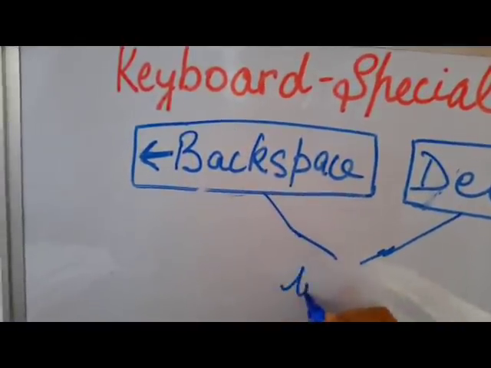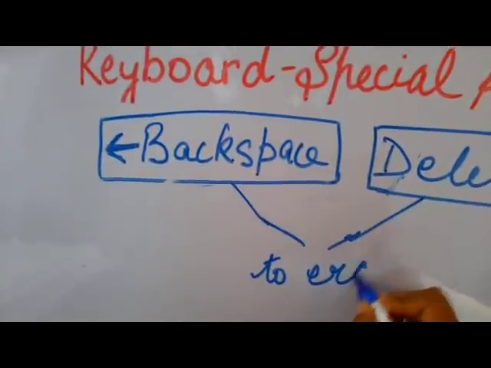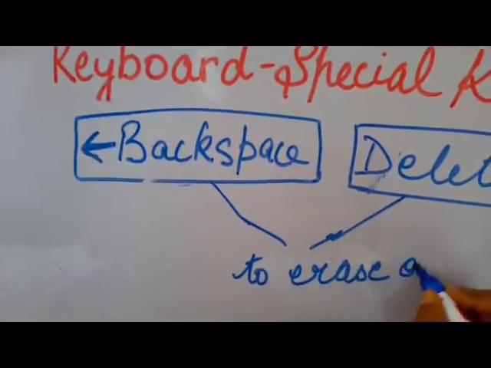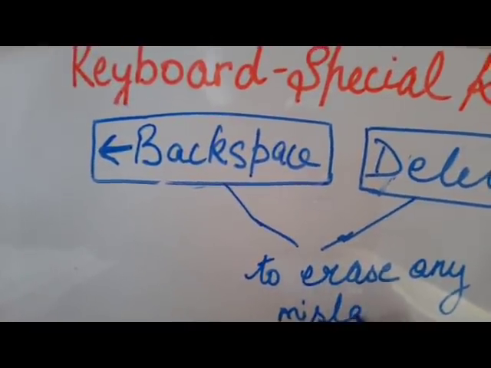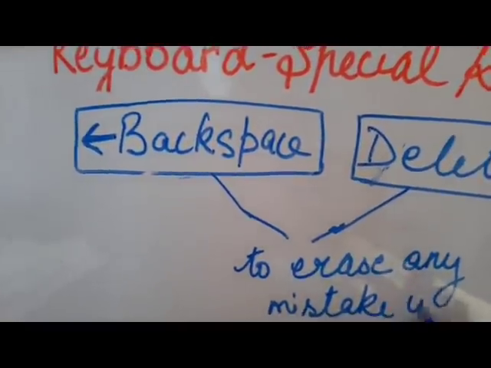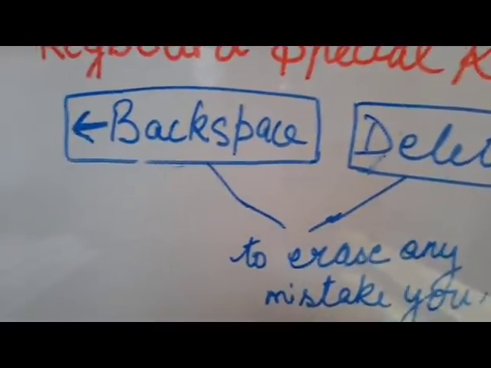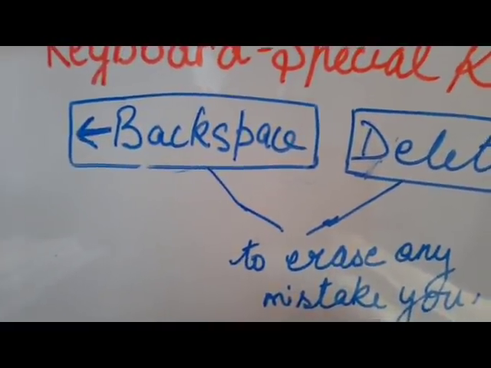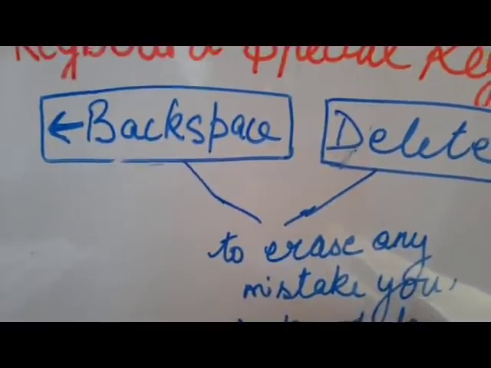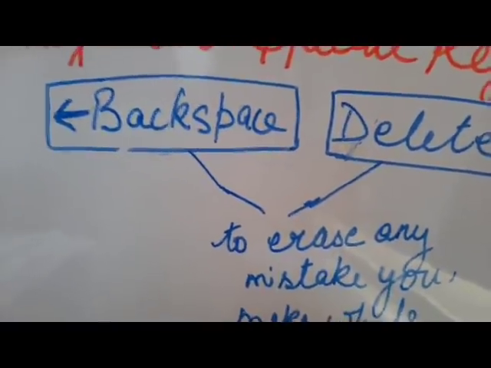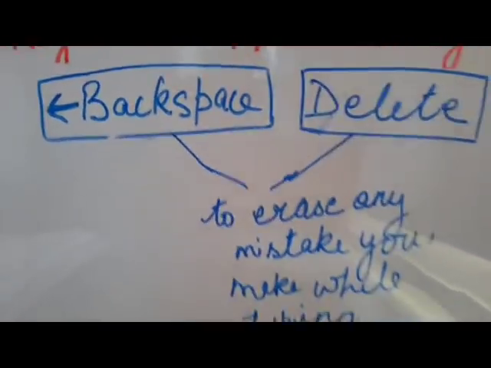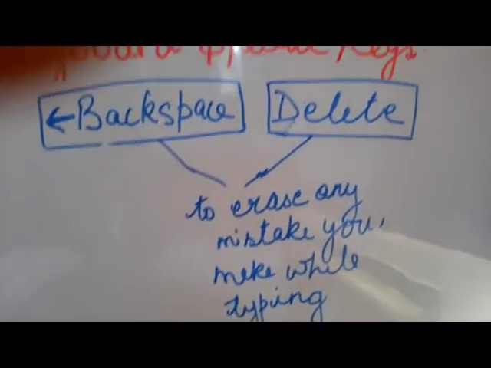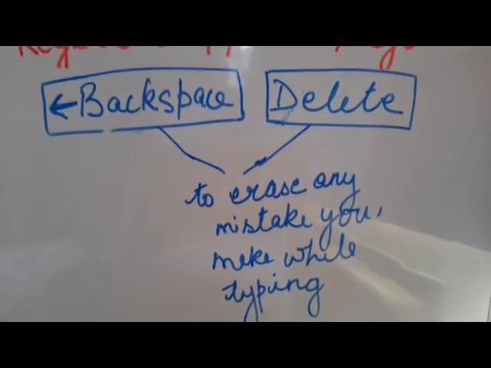What are these keys used for? To erase any mistake you make while typing, right? So if you make any mistake while typing, that can be erased using a backspace key or a delete key.